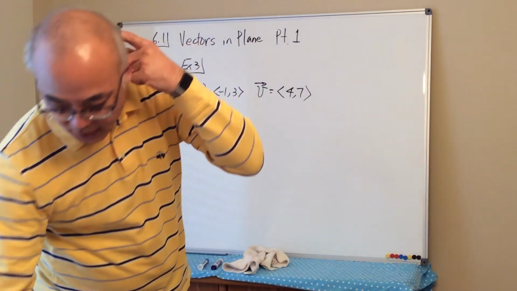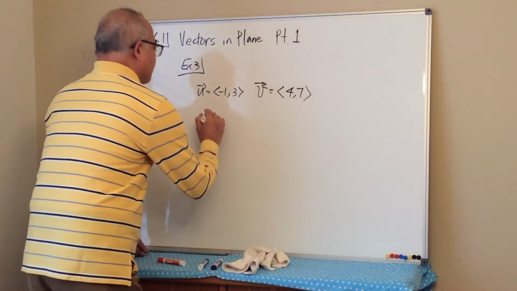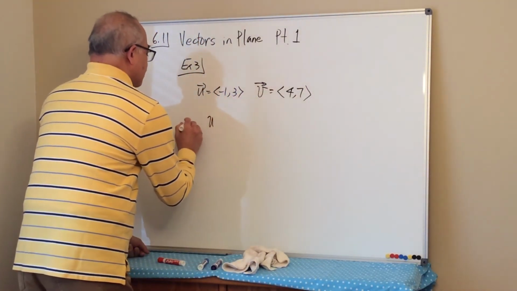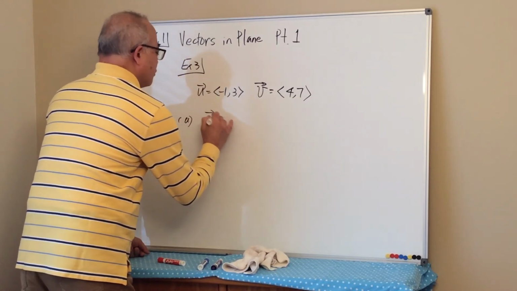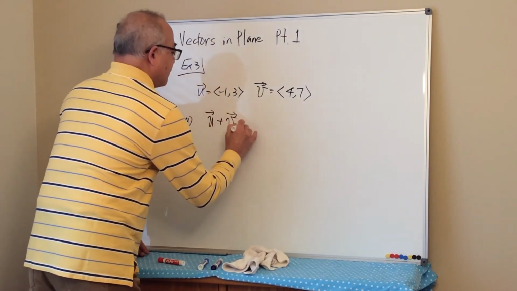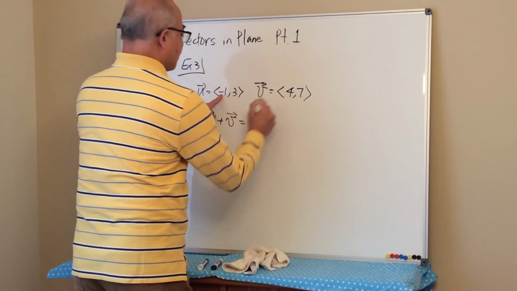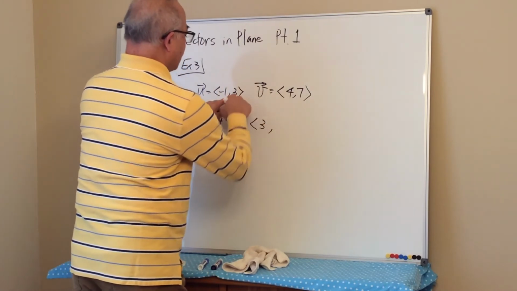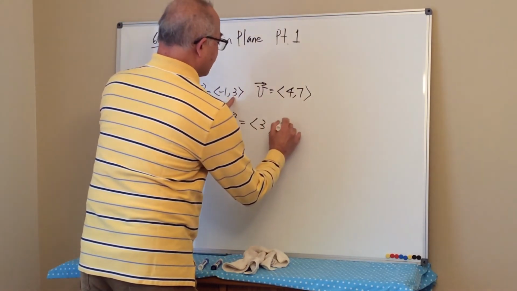I'm asked to find u plus v. So I add the x's together, 3, and add the y's together, 10.